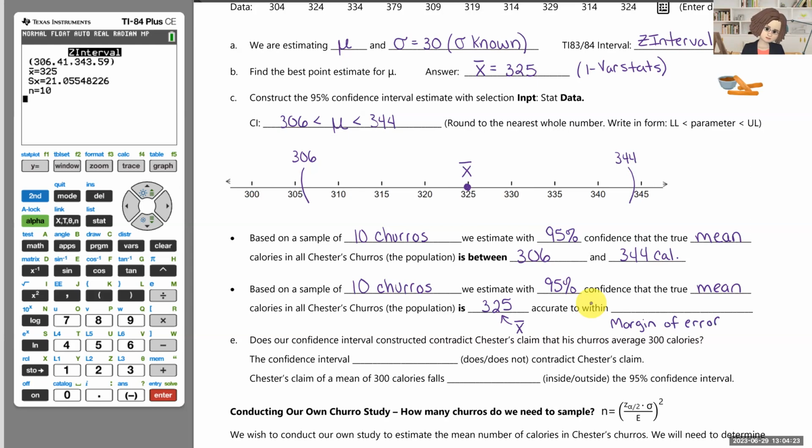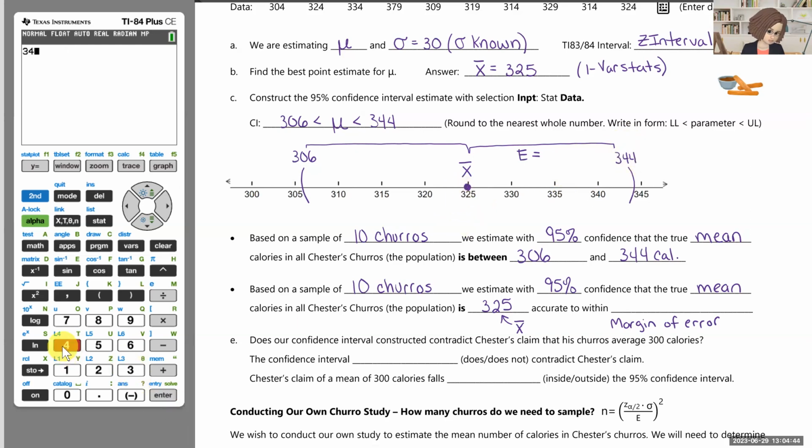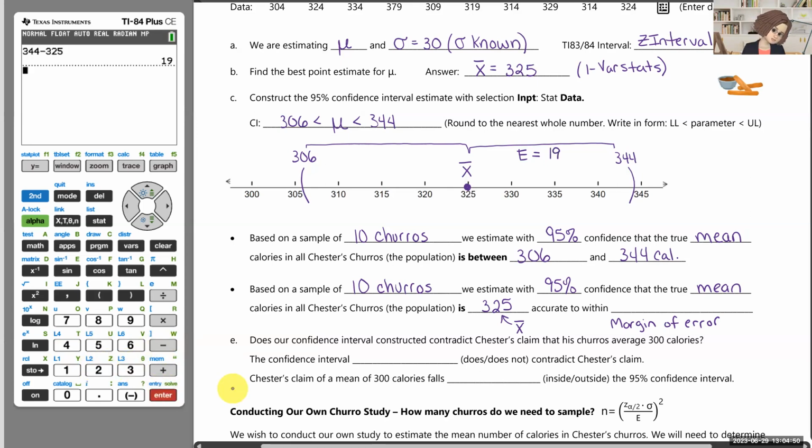So on my picture here, I'm just going to find the margin of error this way. So the margin of error will be that distance from our point estimate to our lower or upper limit. So let me find my margin of error just looking at this distance. So 344 minus 325, that's a distance of 19. So that would be 19 calories.